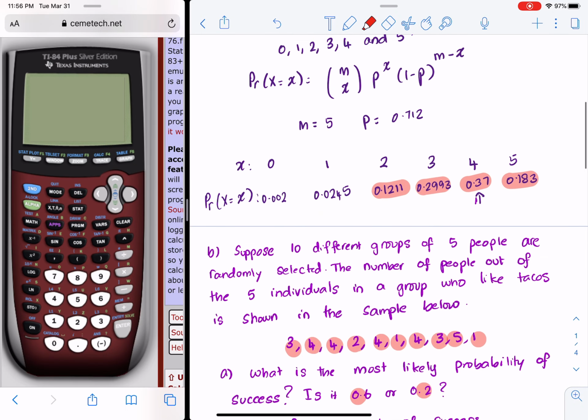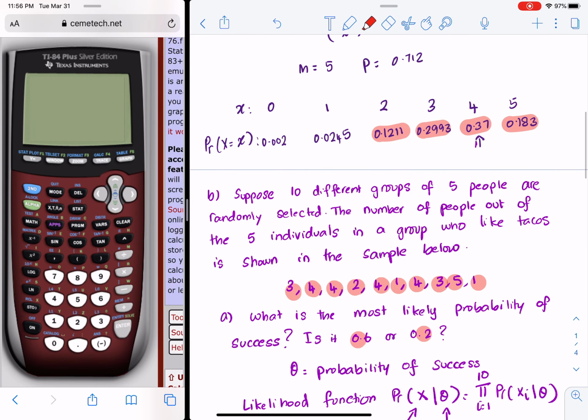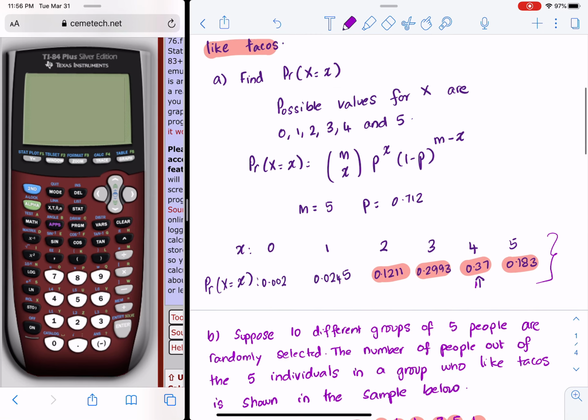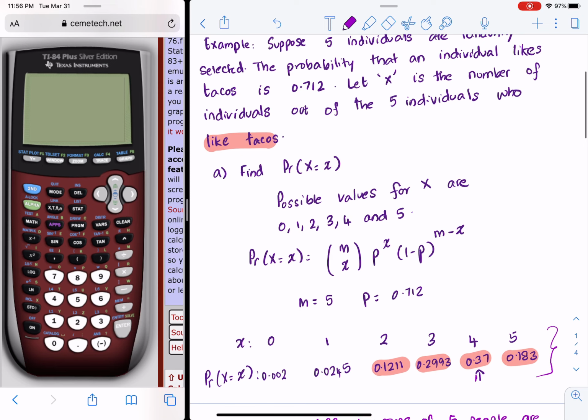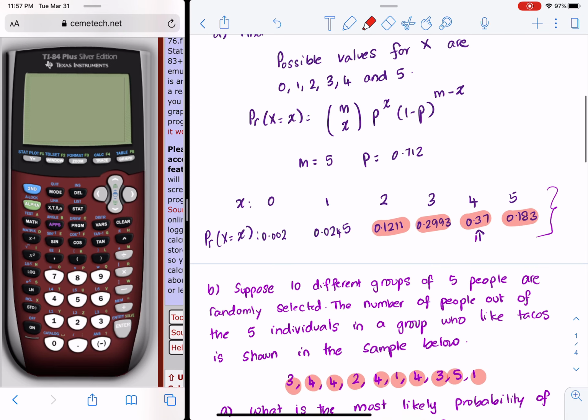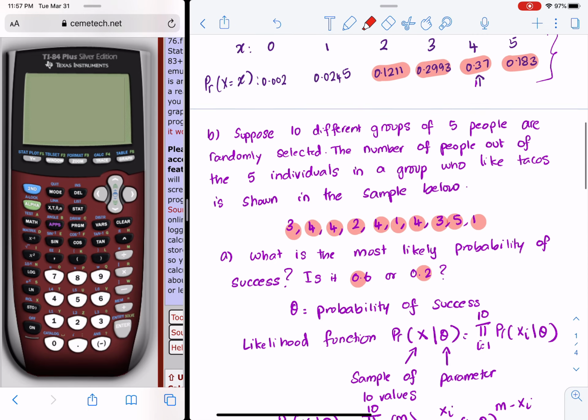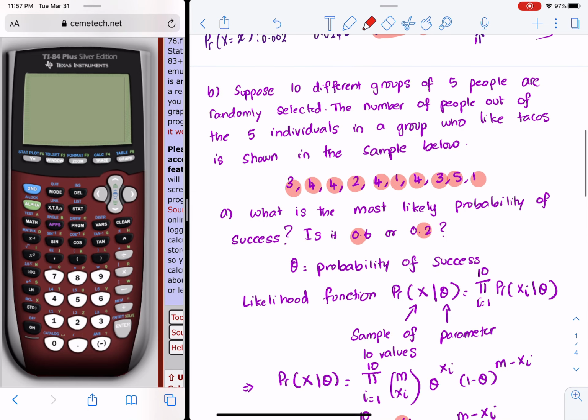As I mentioned earlier, I created the sample using the distribution that's right here, so I know the truth about that distribution. Its probability of success is 0.712. So if I were a betting individual, I would lean toward 0.6.